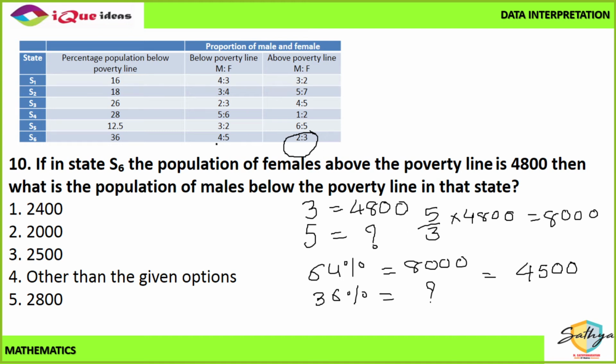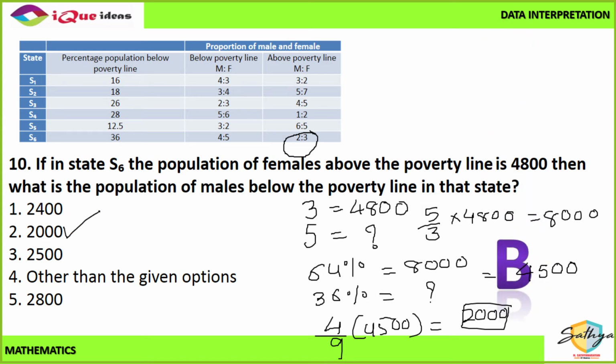So 4 is to 5. So total 4 by 9 out of 4,500 are males. And if you simplify this, you get your answer as 2,000. So option B, 2,000 is my right answer. Right? And the numbers were very simple to calculate. So the calculation should not take much time here.